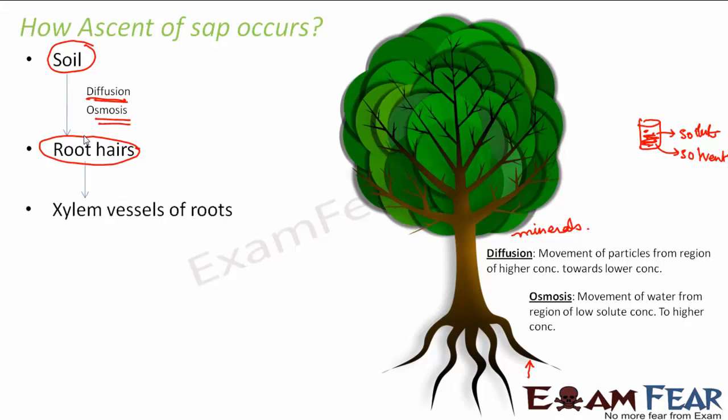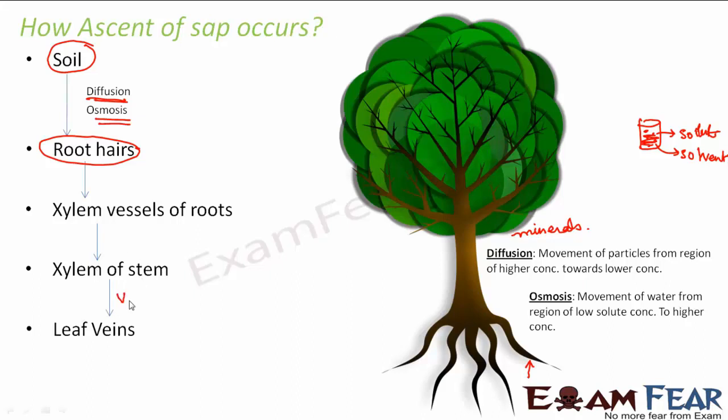Now once it reaches the root hairs, how does it reach above? From root hairs it gets into the xylem vessels of the roots. Even inside the roots we have the xylem, the tracheids and the vessels. From the xylem of roots it will enter into the xylem of the stem, and from there into the xylem of the leaf, that is, the leaf veins.